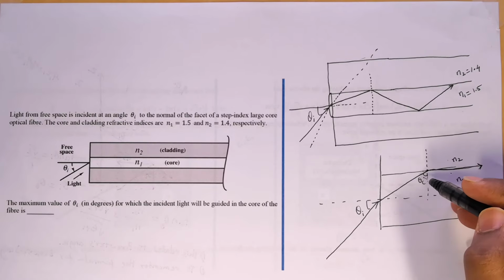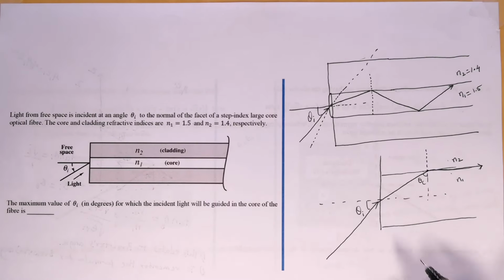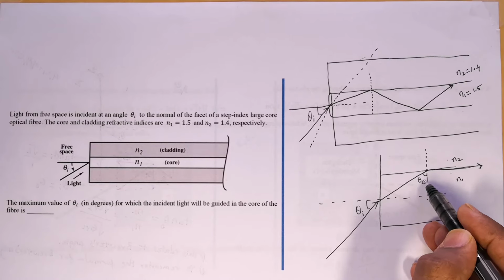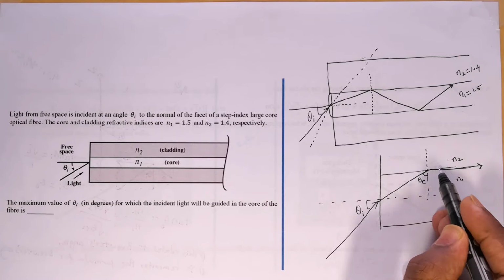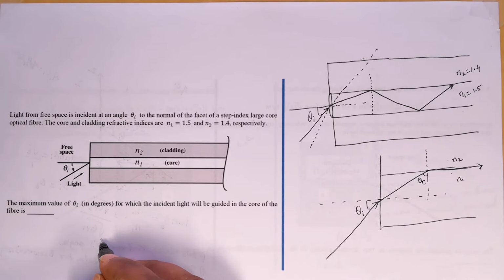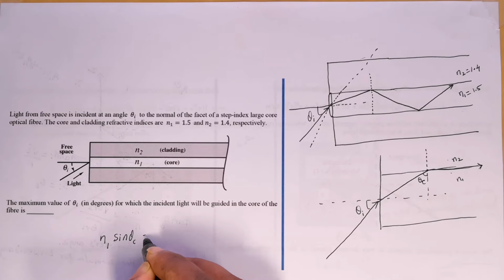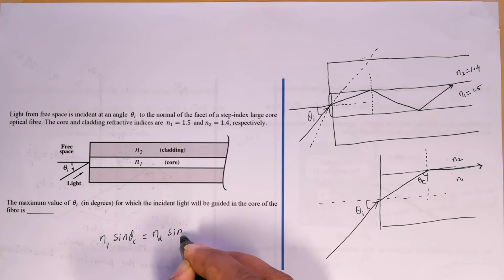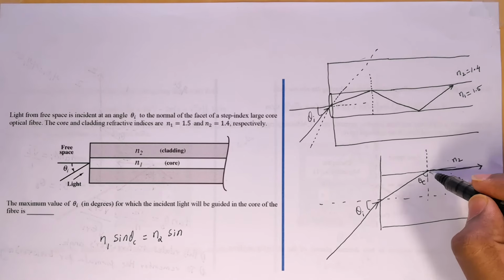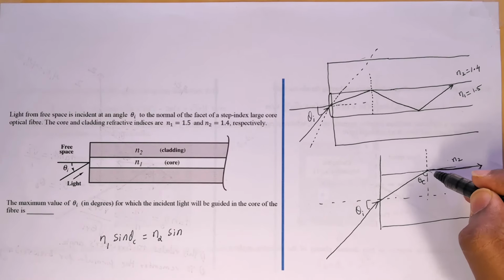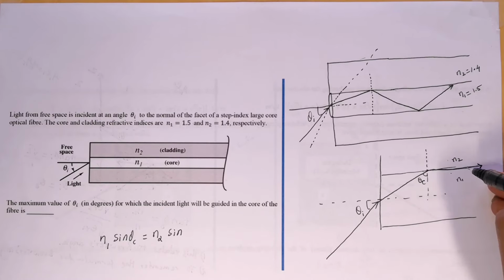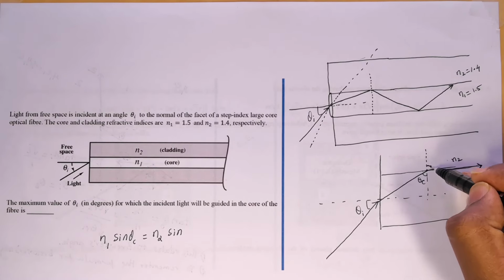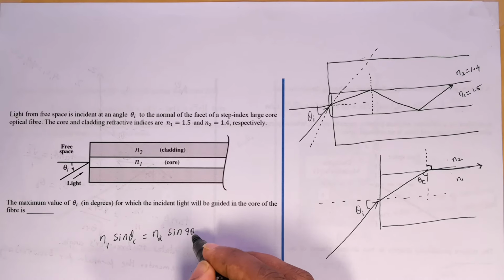Snell's law says N1 sine theta c is equal to N2 sine of the refracted angle. Since at the critical angle it's grazing the surface, the refracted angle in the medium N2 is 90, and sine of 90 is 1.